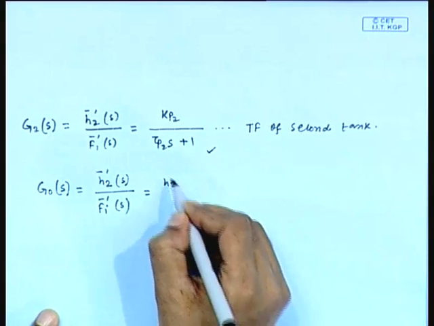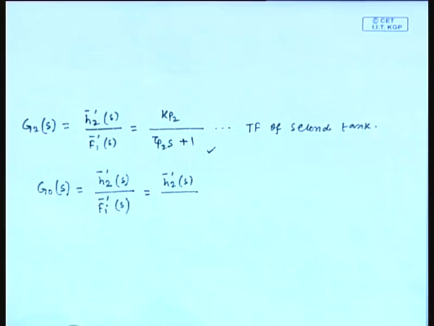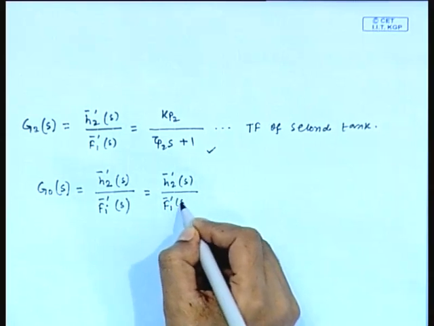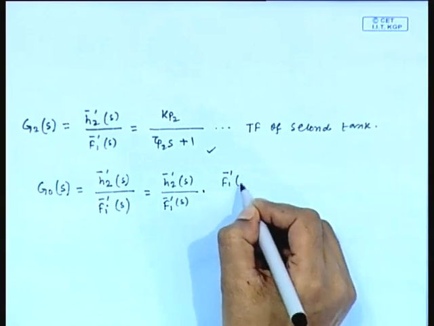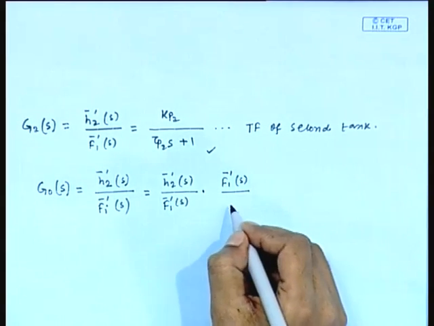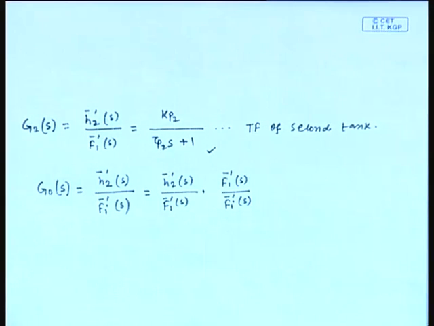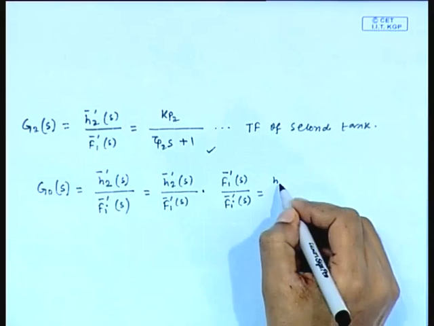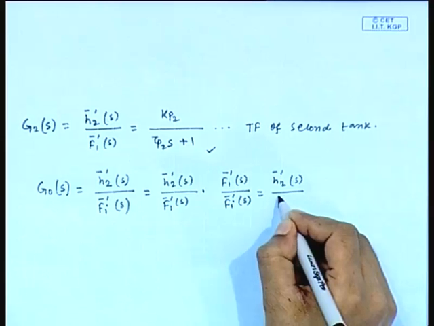Now, we can write again the overall transfer function by this form: H2 bar prime s divided by F1 bar prime s multiplied by F1 bar prime s divided by Fi bar prime s. Can we write this? So, this is equal to H2 bar prime s divided by F1 bar prime s.